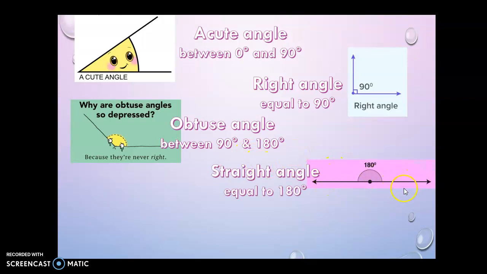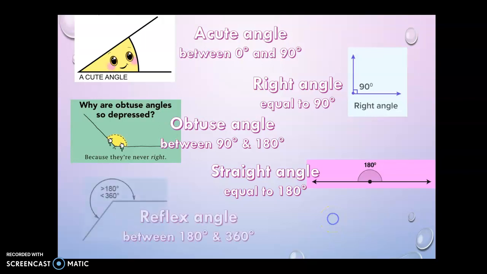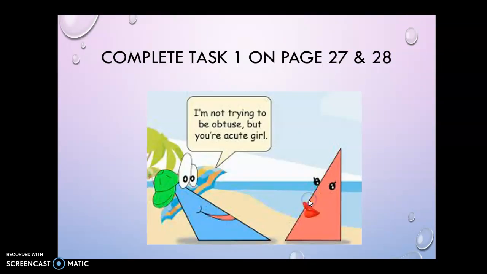A straight angle is always 180 degrees, a straight line. And then a reflex angle is between 180 degrees and 360 degrees. So these are the 5 types of angles: acute, right, obtuse, straight angle, and reflex angle. Okay, and the last one is a revolution. Okay, part of my circle's cut off there, and that's 360 degrees.